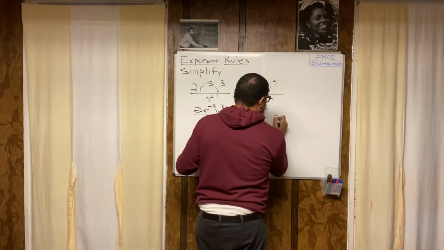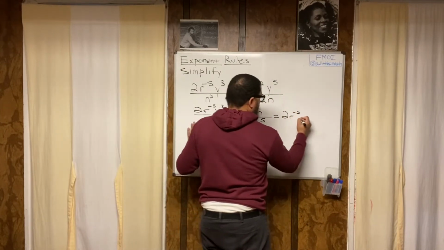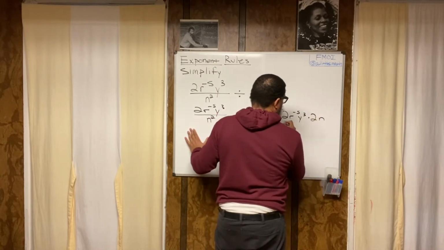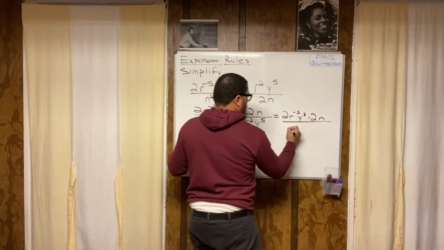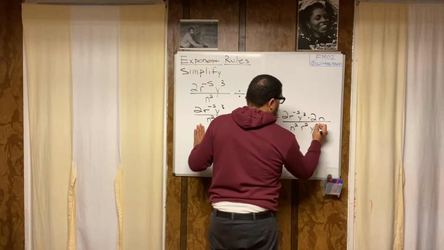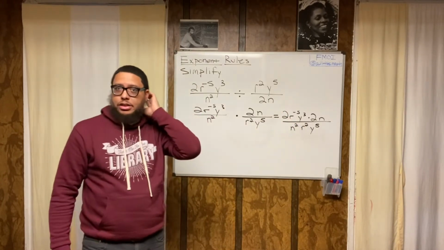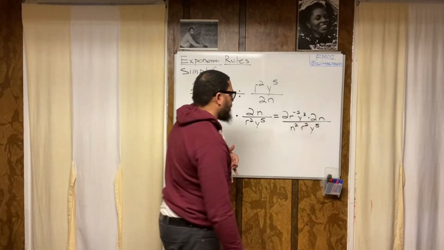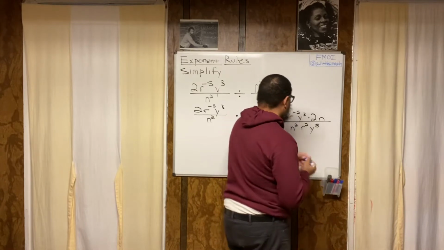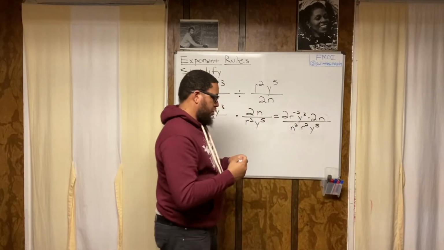So I can think of it as 2r to the negative 5, y to the third, times 2n, over n squared times r squared y to the fifth. You see, I could just combine these into one fraction. So now, since they're in one fraction, when I think about the division rule, I can say, all right, this n and this n, I can use the division rule for those.